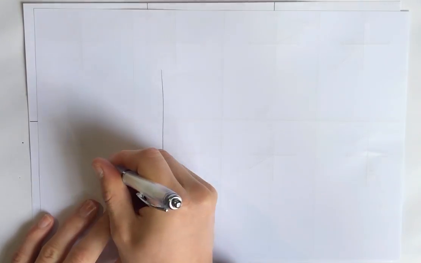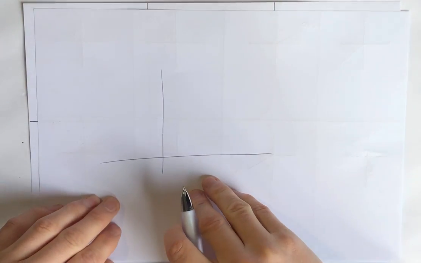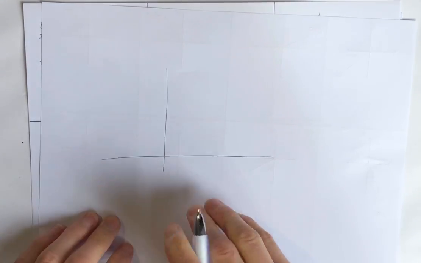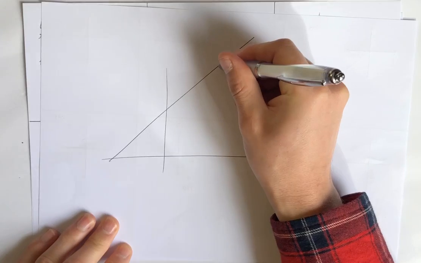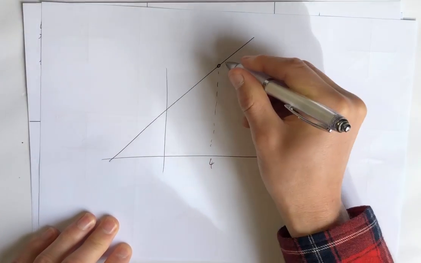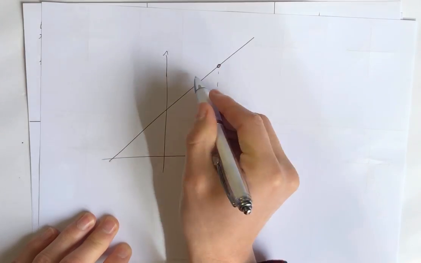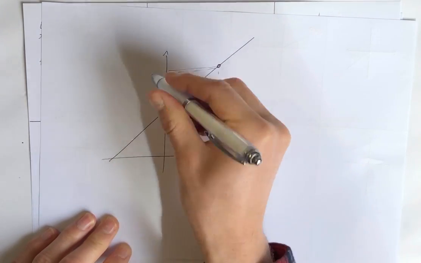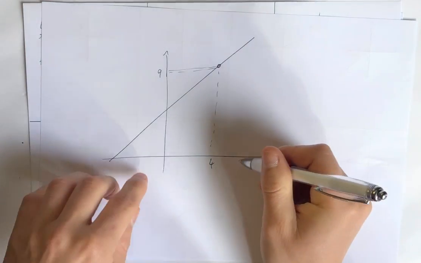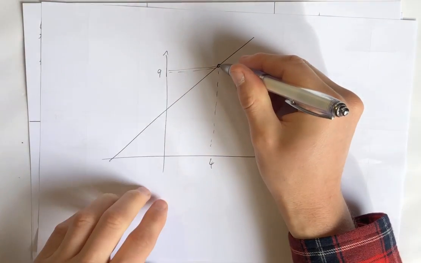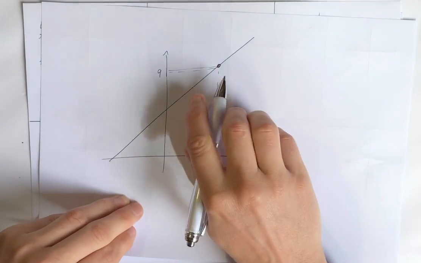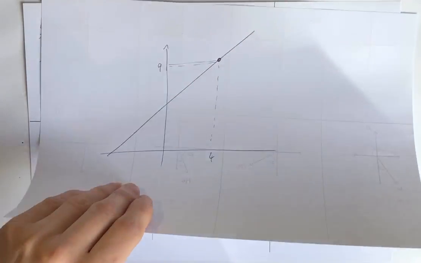We're on the x and y axes, and it basically looks like the line x plus 5, but it would have a hole in it. At 4, it's undefined. But as we get closer and closer to 4, we get closer and closer to 9. I know I've done this really roughly, but at that point it's actually not defined. It's got a gap, so it's discontinuous. There's a discontinuity in there.